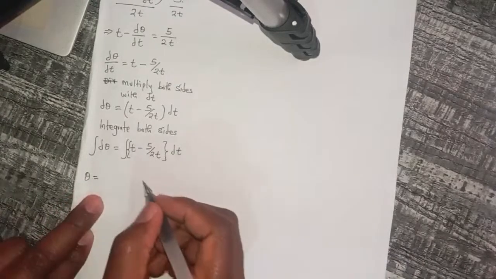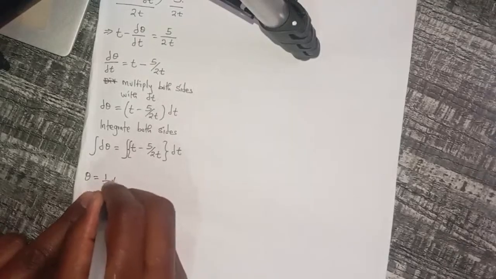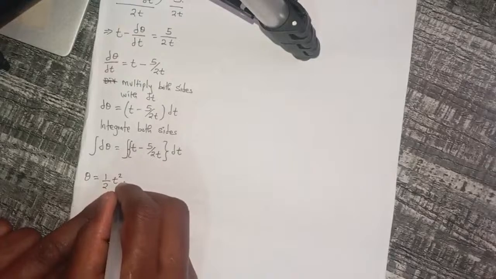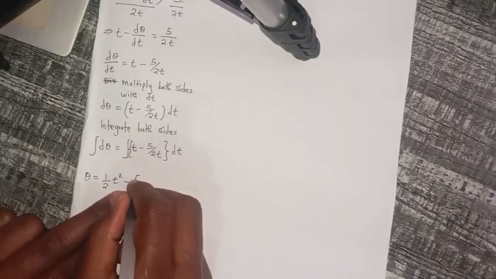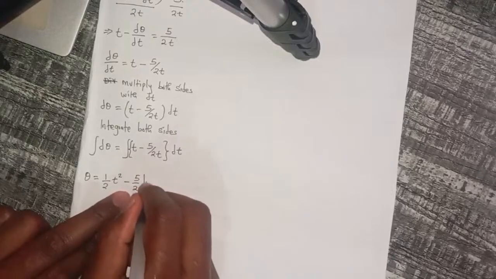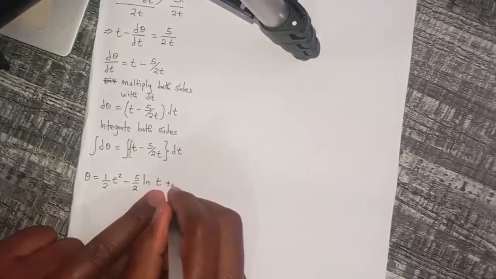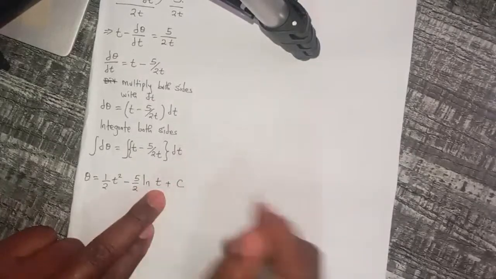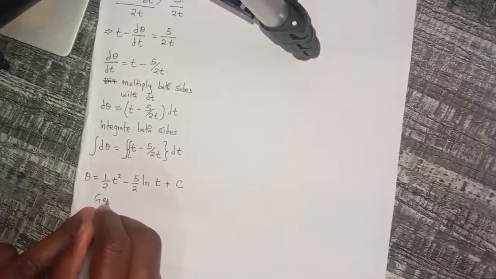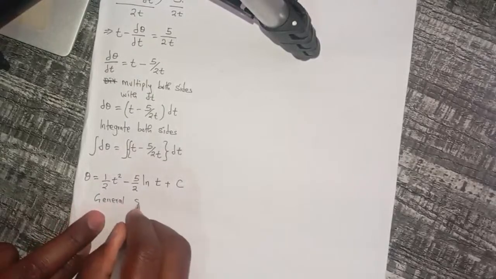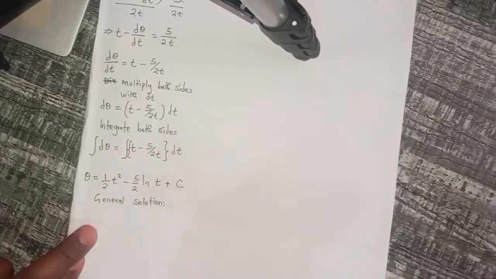So theta is equivalent to, if you integrate this part, simply half t squared minus 5/2 ln of t plus constant c. So again, this one is a general solution.